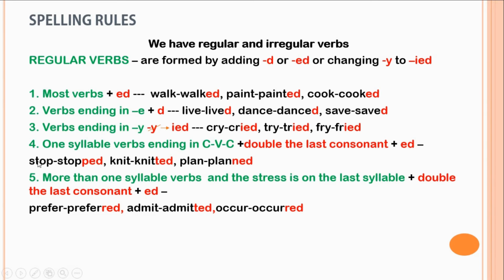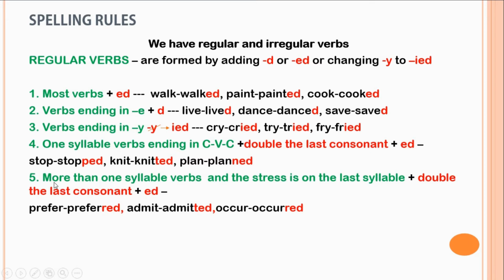As you can see, stop is a one-syllable verb and it ends in CVC, consonant, vowel, consonant. Therefore, we double the last consonant, which is P, and we add ed. The same thing goes for knit, knitted, and plan, planned.